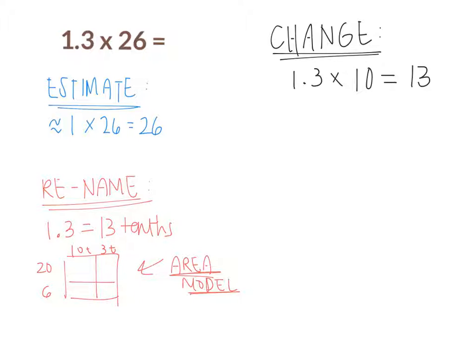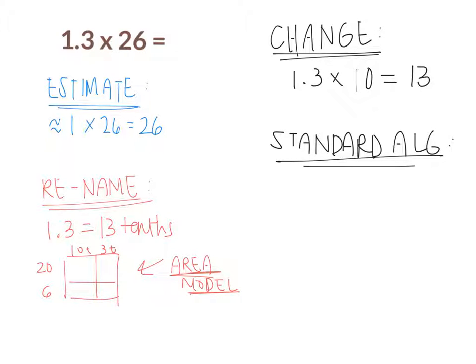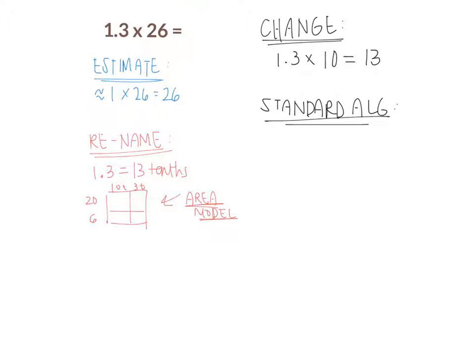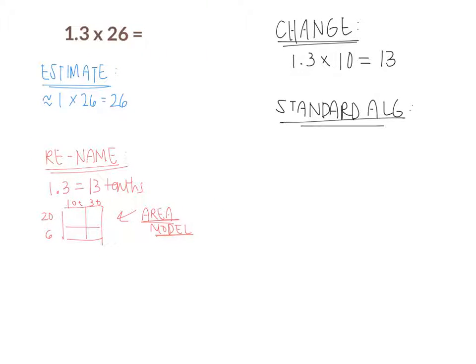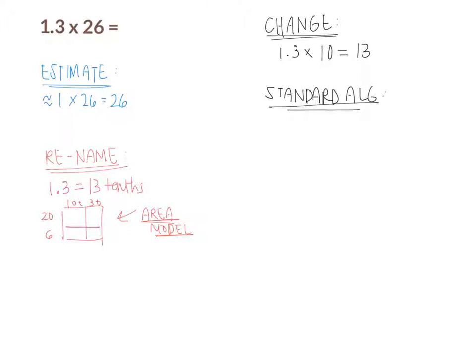Okay, now let's do the standard algorithm. I'm going to write standard alg. Okay. So now that we've changed the problem, let's do our standard algorithm. What's my new problem? 13 times 26.